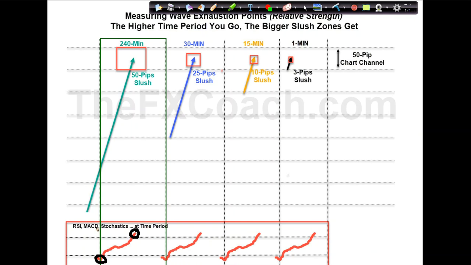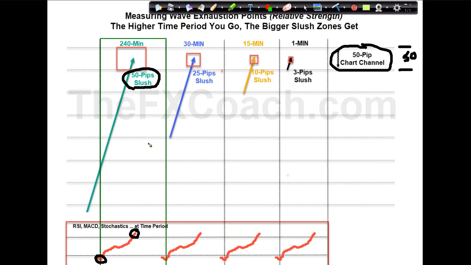But on a 240 chart, where this thing may start to turn over, if you're looking at a chart that has, let's say, a 50 pip channel, in other words, between this price and this price, it's 50 pips. On a 4-hour wave or a 4-hour move, determining that top point might have a slush zone of 50 pips.